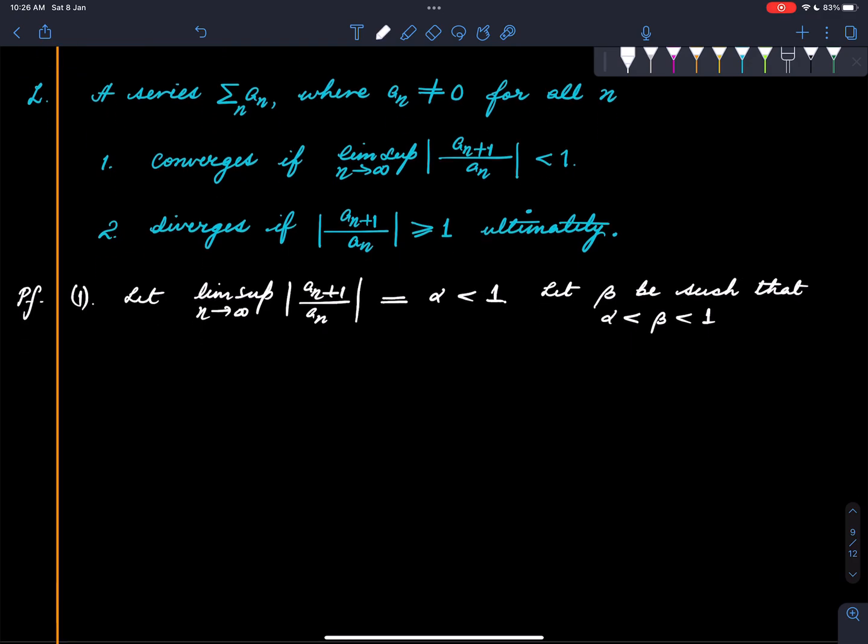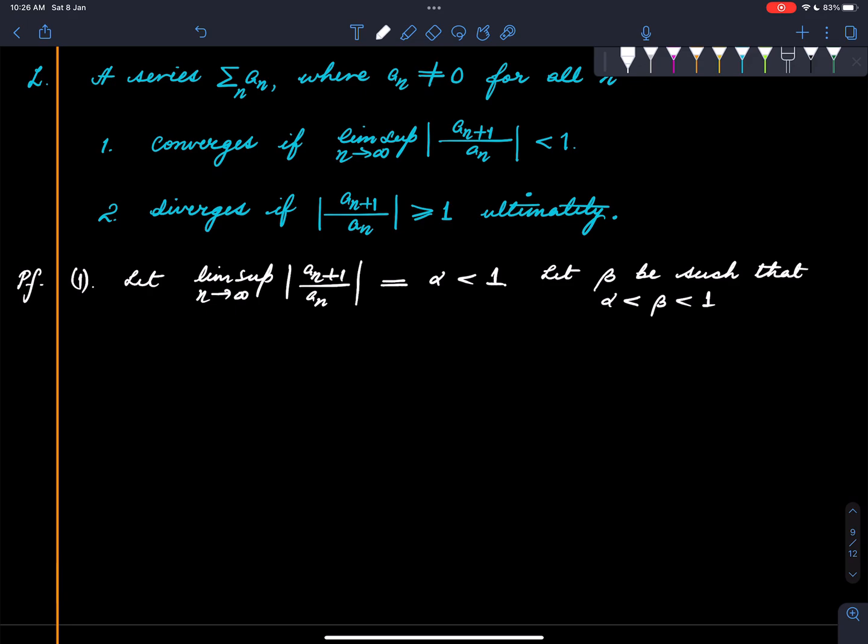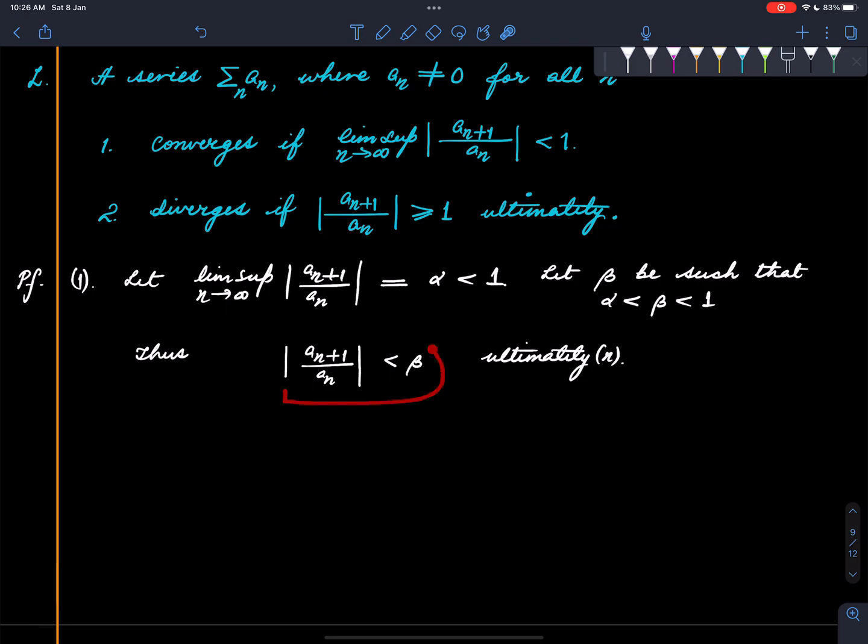Okay, so if we unravel the definition of lim sup, then this ratio is less than beta ultimately. Which means that there is some capital N large enough such that whenever little n exceeds capital N, we have that.